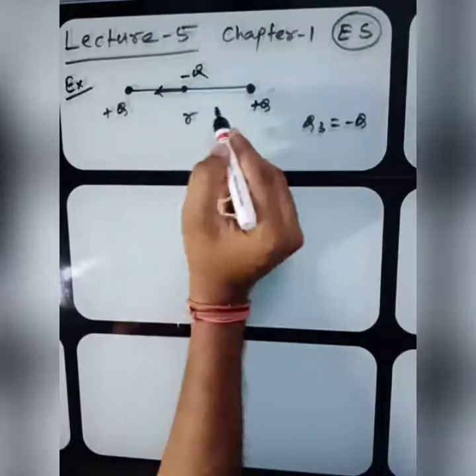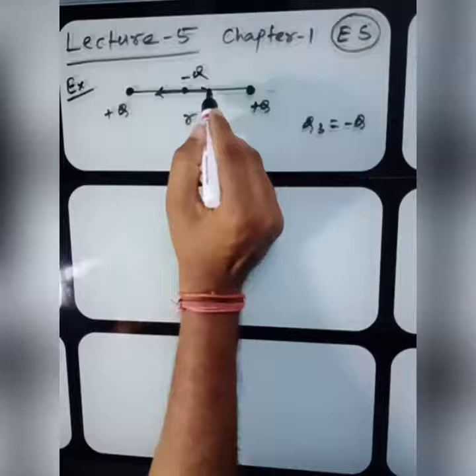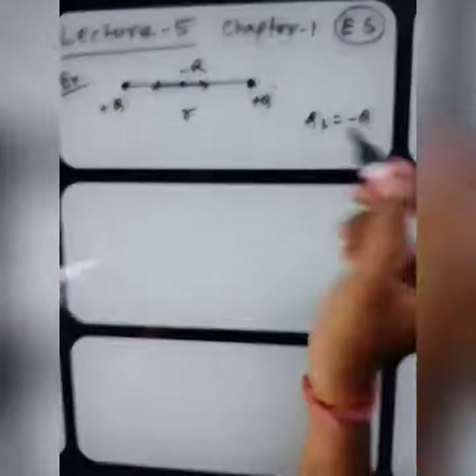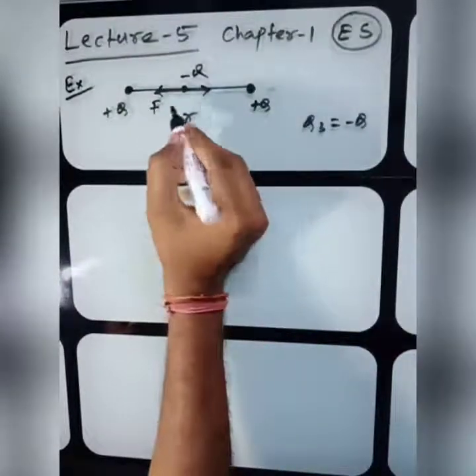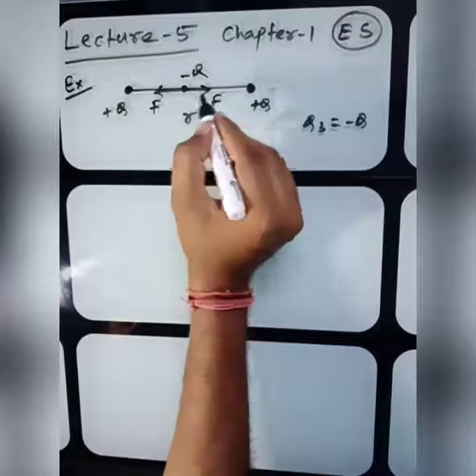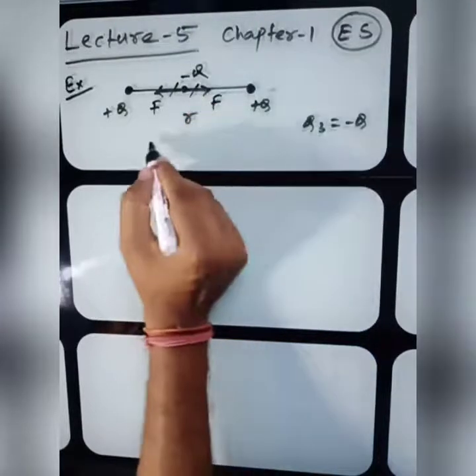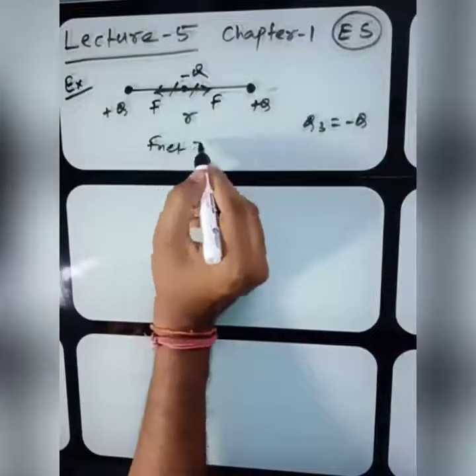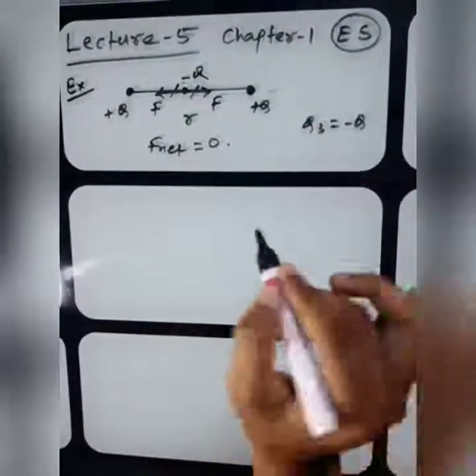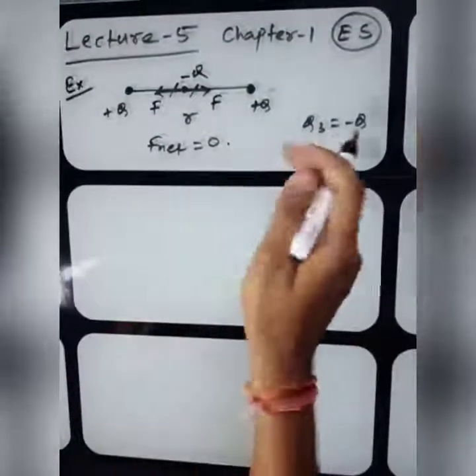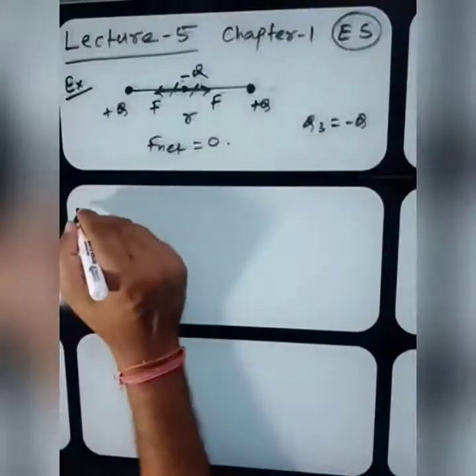It will be attracted toward this charge and toward this charge also. The magnitude of force will be equal and opposite, so it will cancel out and the net force will be how much? It is 0. On the basis of this concept, I am asking you this question.